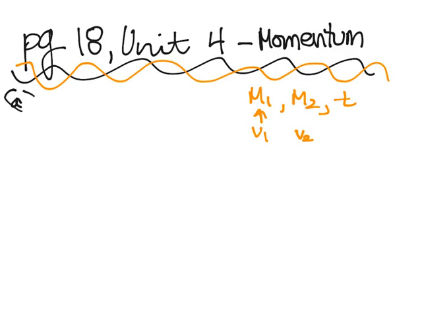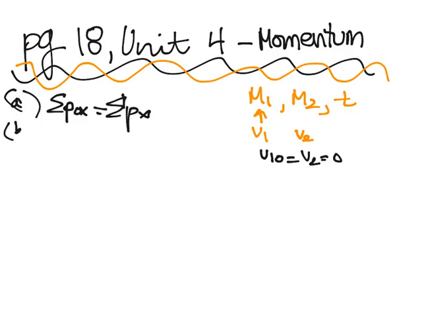Okay, so in part A, at the beginning we know that V1 naught equals V2 naught equals 0 because they were standing there. We have all our M's and V's, and momentum is conserved. There's two objects acting on each other, so in part A we're going to use conservation of momentum. In part B, it asks us to calculate the magnitude of the average force during the time they push.